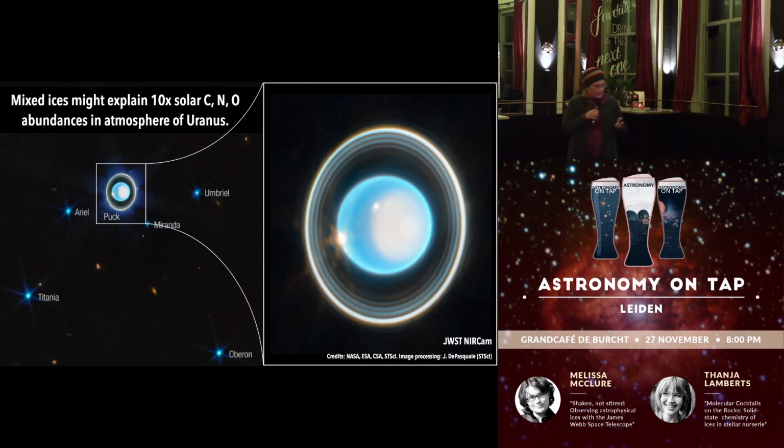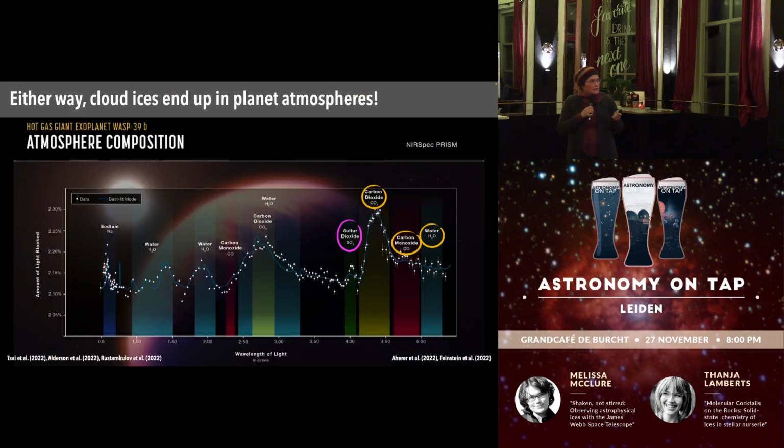But even if the mixed ices don't impact planets in exactly this way, we can definitely say that we are actually seeing in our ices the ingredients for exoplanet atmospheres. So cloud ices directly end up in exoplanet atmospheres. This is a spectrum, brightness as a function of wavelength, of an exoplanet, also observed with JWST.